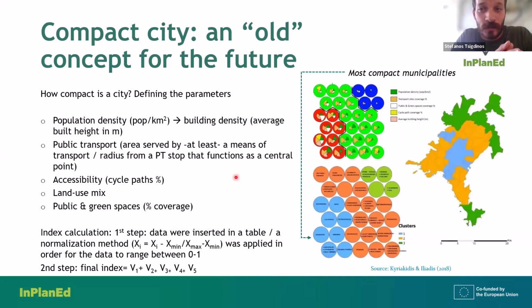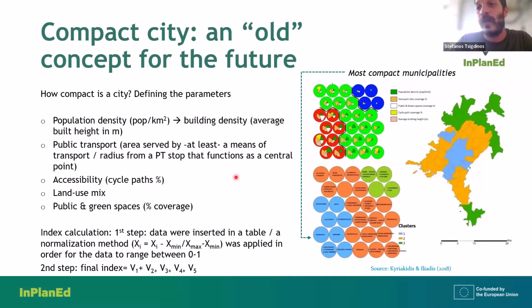To embark on an example from Athens, I would like to thank Harry for demonstrating his work back in 2018. What they tried to do was measure urban density, and not only urban density, but they went beyond that, because it's easy to measure one thing.